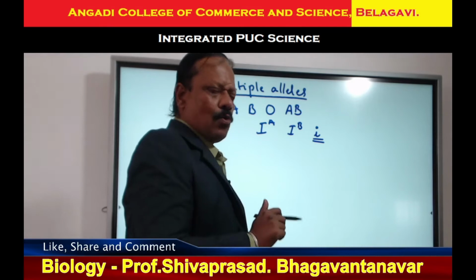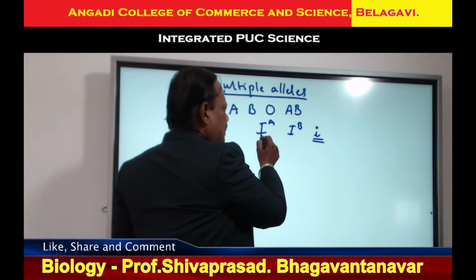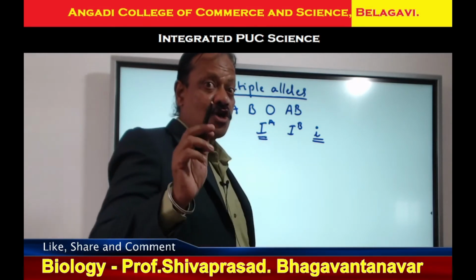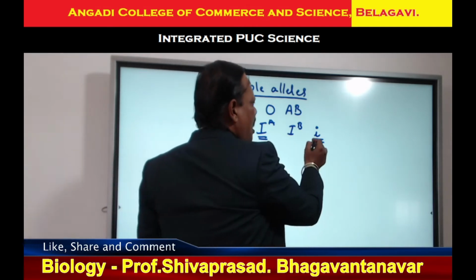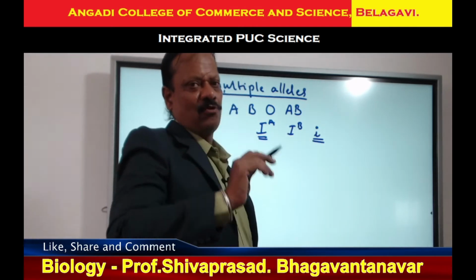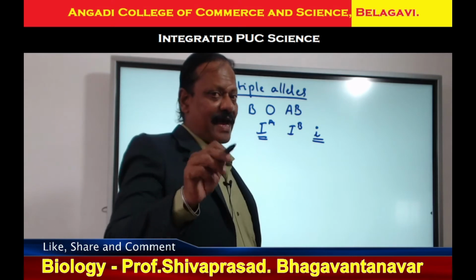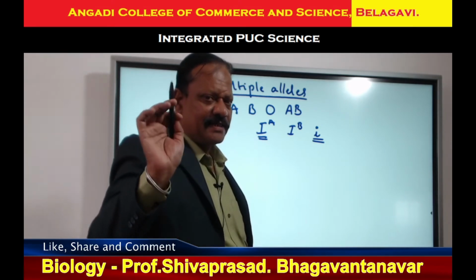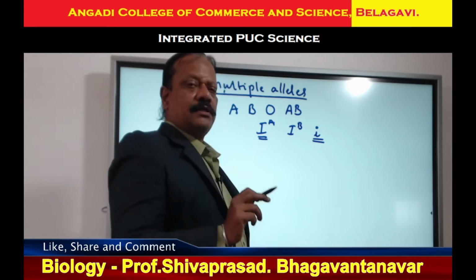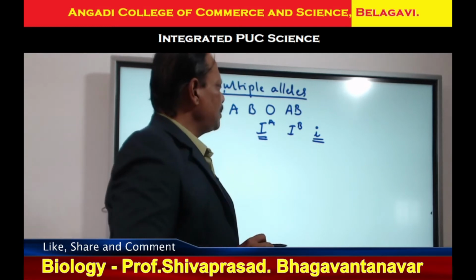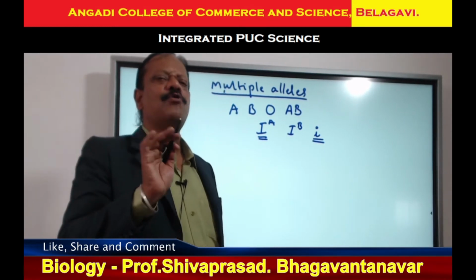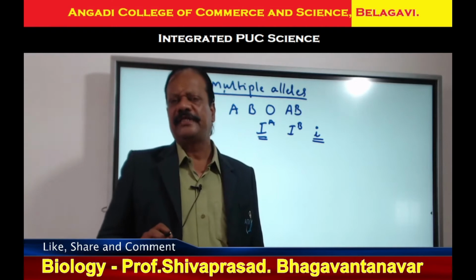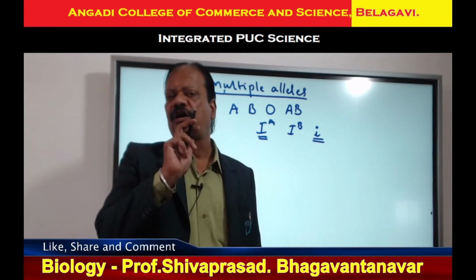Because of that, we are considering capital I as the dominant one and small i as the recessive one. So capital I is dominant and small i is recessive. Any human body contains two genes or two alleles.